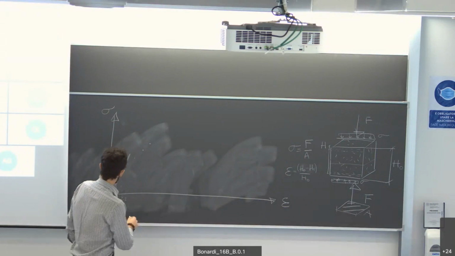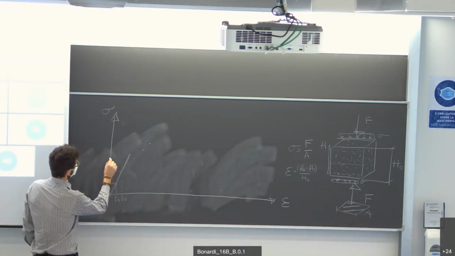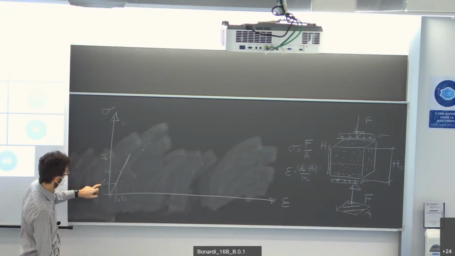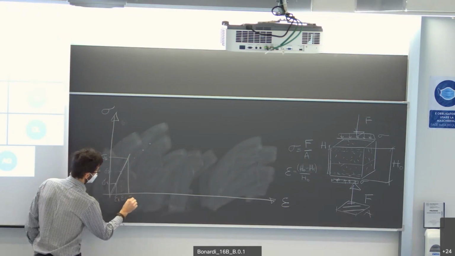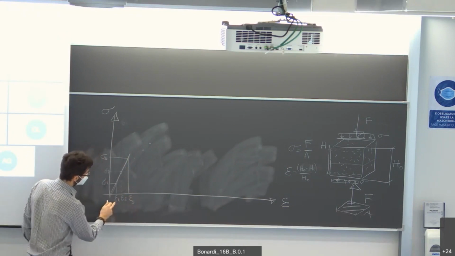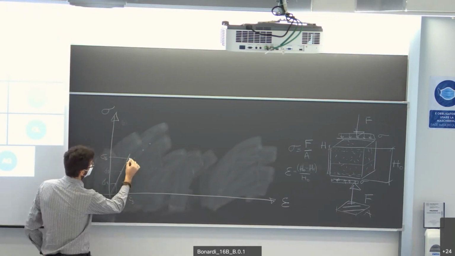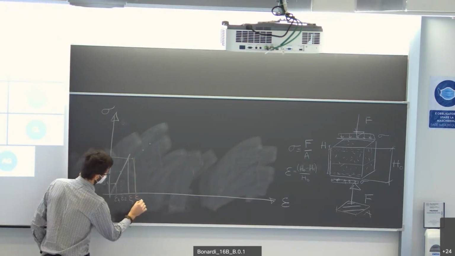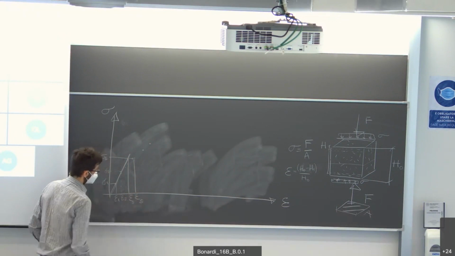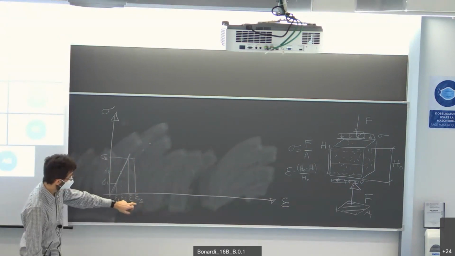So if we say sigma 5, so 5 times the original one, we do not meet 5 times the epsilon, but we will see more than it.